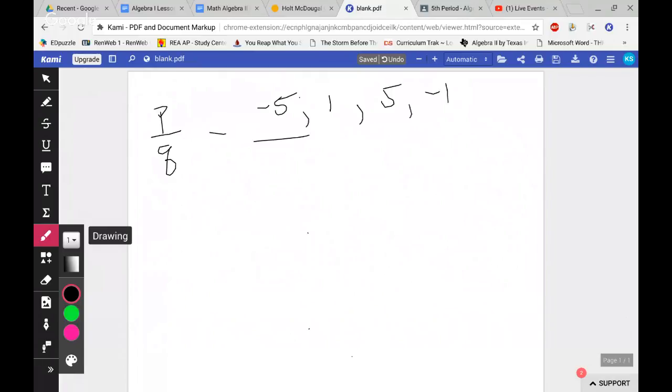So basically what you're looking at is ±5 and ±1 over 5 and ±1.